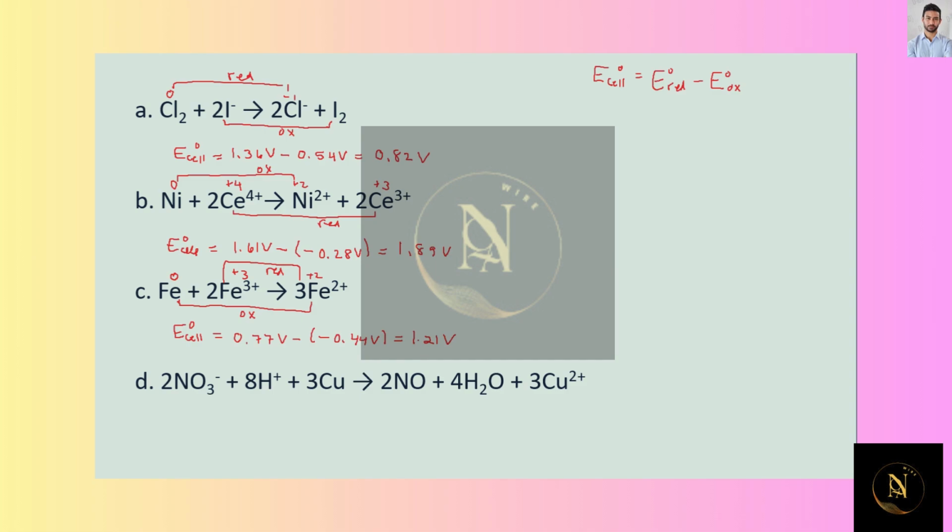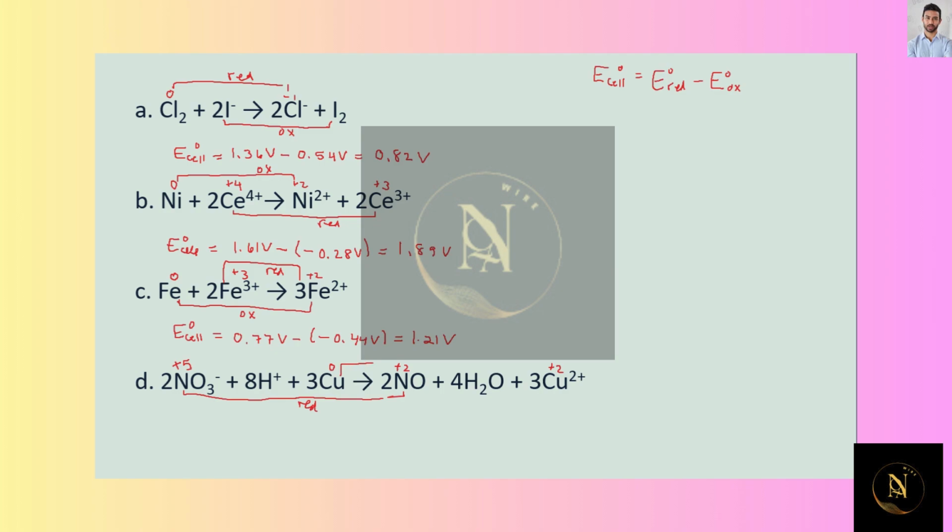Finally, on this one, I can see that my nitrogen's changing. If I solve for my oxidation number of nitrogen here, I would find it's +5. And here, since oxygen is -2, this must be +2. So in this case, nitrogen is gaining electrons. So this is my reduction reaction, going from nitrate to NO. And then my oxidation reaction is the copper. It's going from 0 to +2.